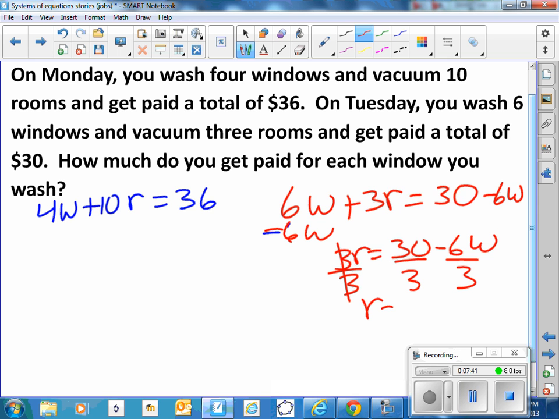So for a room I get paid $10 minus 2 times whatever I get paid for a window. Now I'm going to substitute that in over here. So I write everything the same, 4 windows plus 10, but instead of room I'm going to put 10 plus 2W.